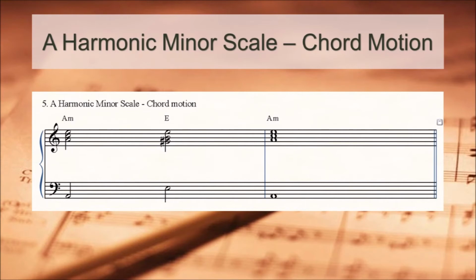Now you see that the fifth chord, which is an E in the A natural minor scale, would have been an E minor: E, G natural, and B. But because we're borrowing that G sharp from the A major scale, it turns into an E major chord, which is called a dominant chord in this case. So now we have E, G sharp, and B. In this case, the E is on top, the B is on the third line, and the G sharp is on the second line.